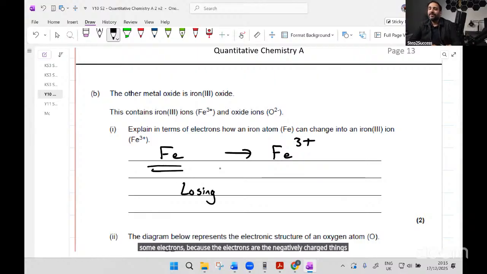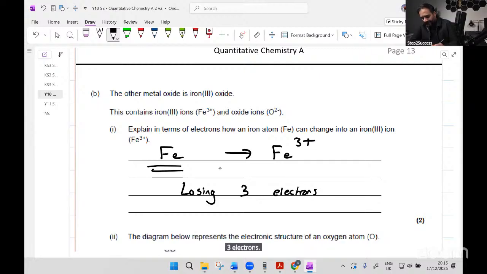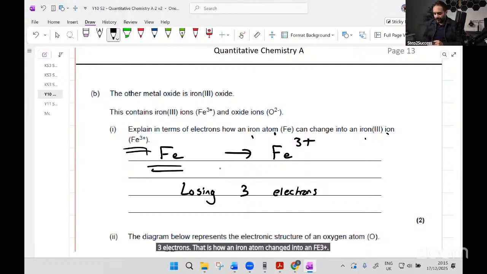So if you lose something that's negatively charged, overall what's left behind is positively charged. And specifically, if it's become 3 plus, we must have lost 3 electrons. That is how an iron atom changed into an Fe3 plus by losing 3 electrons.